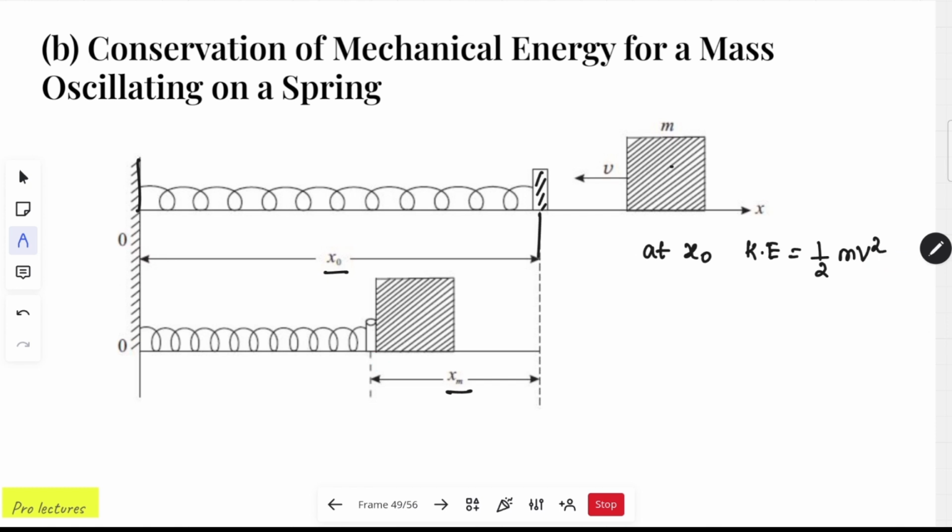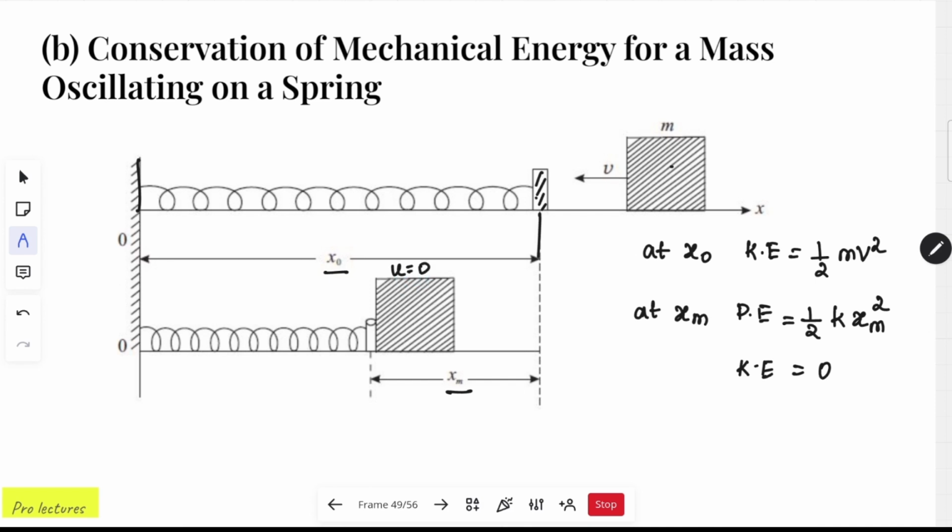At x0, the potential energy of the spring is 0 because it's at equilibrium. Now when it is compressed to xm, the potential energy would be half k xm square, and the kinetic energy of the mass is 0 because it has come to rest.